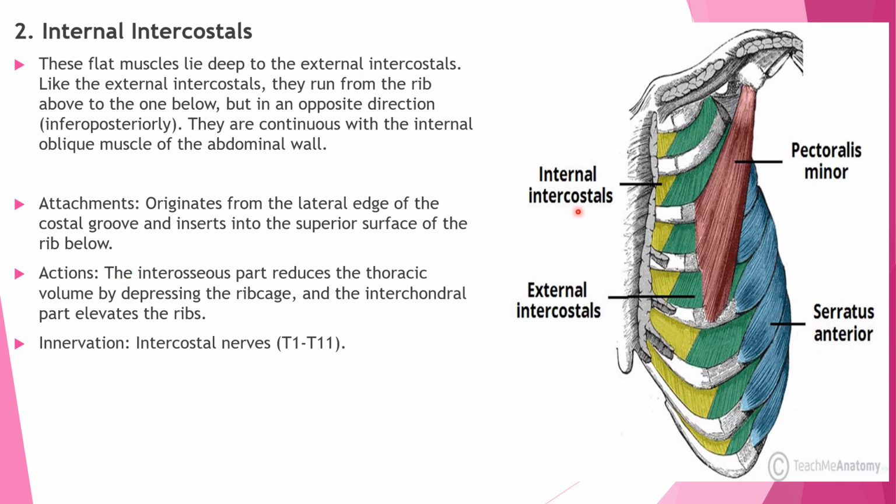Functionally, internal intercostal has two parts, interosseous part and interchondral part. Interosseous part reduces the thoracic volume by depressing the rib cage. Interchondral part elevates the rib cage. Innervation is same as that of external intercostal.